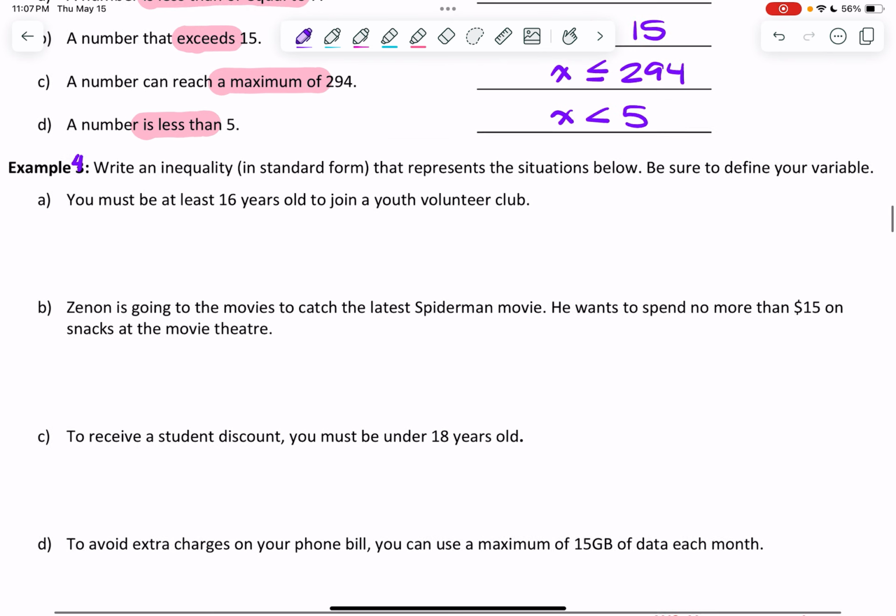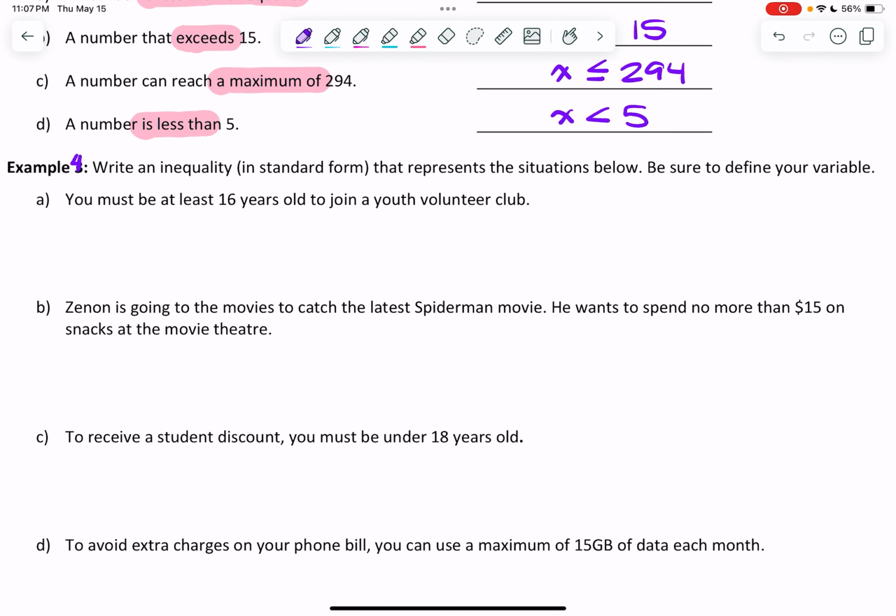So the first one, you must be at least 16 years old to join a youth volunteer club. Now notice it doesn't say a number must be at least 16. It says you must be 16. And what about me? It's my age. So I'm going to say let A represent my age. Okay.